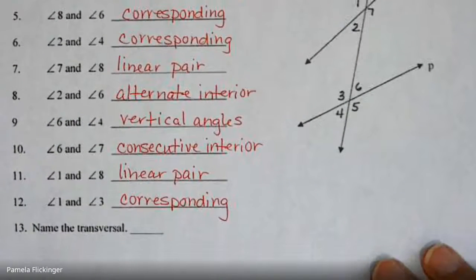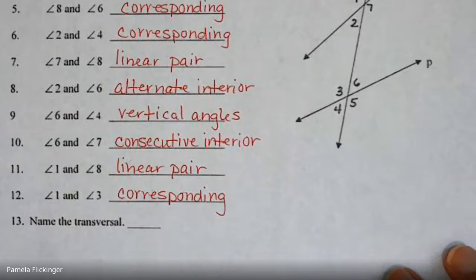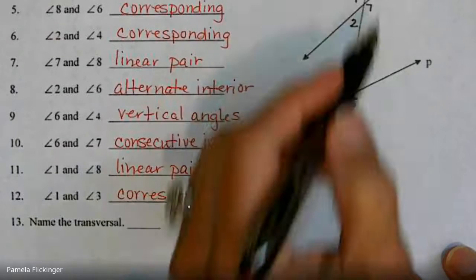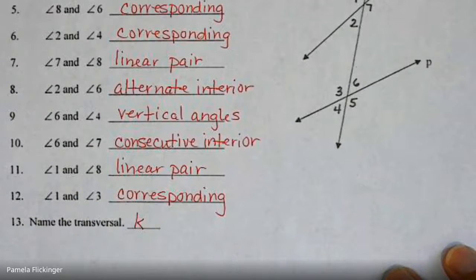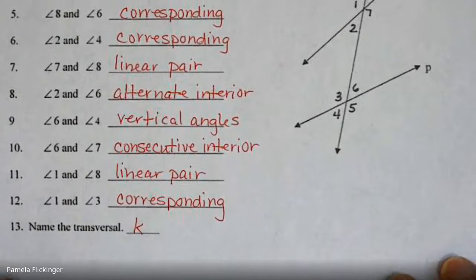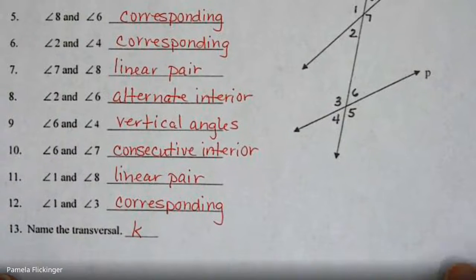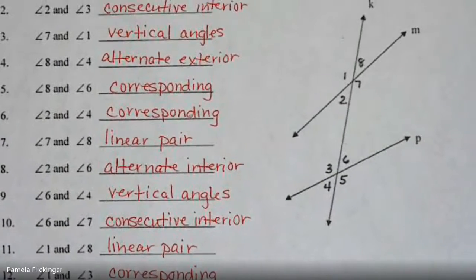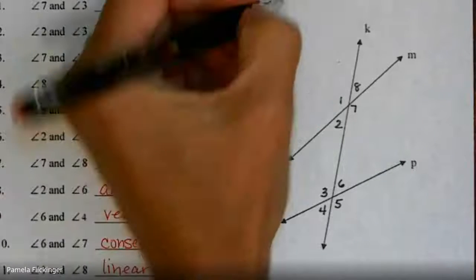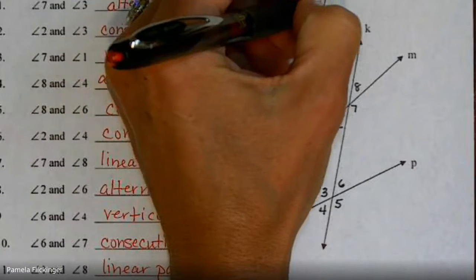And then it asks us to name the transversal. The one cutting through the other two lines is line K. Now, I do want to point out that some angles don't have any of these relationships. If I look at my picture, I'm going to add in here, no relationship.